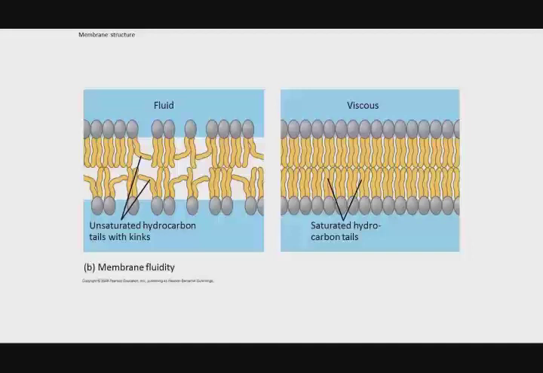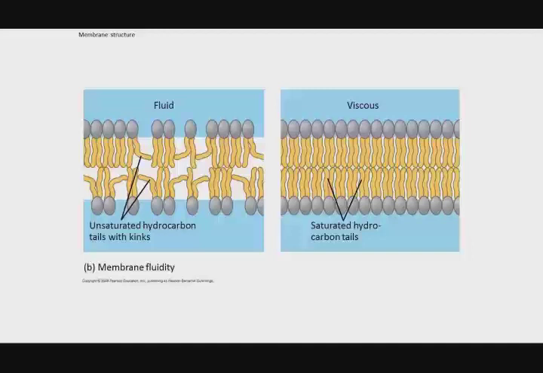So as you can see then with a membrane that's made with simply saturated hydrocarbons, all those straight tails can line up and pack right tightly next to each other, increasing the viscosity of that membrane. So that particular lipid is going to go solid on us at a much higher temperature than one that has unsaturated hydrocarbons.